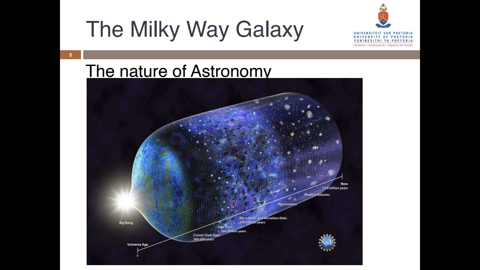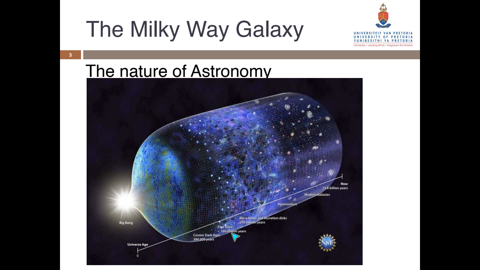So yes, we briefly showed this in an earlier lecture, but this is in essence a representation of the Big Bang. In this representation, we can see at which point galaxies started forming. We have the Big Bang, then the cosmic dark ages, which lasted about 380,000 years. The first stars appear 180 million years after the Big Bang.